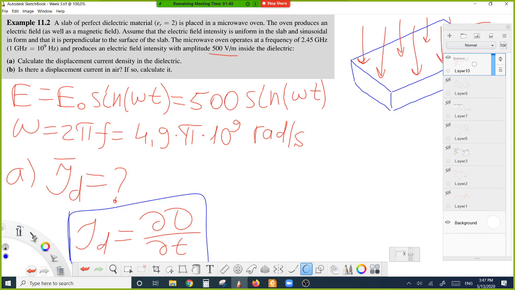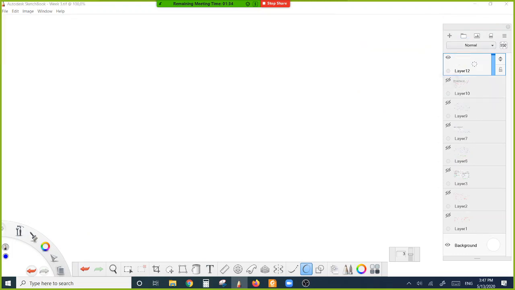Now we need to compute D, the electric flux density in dielectrics, and after that we can compute the JD.